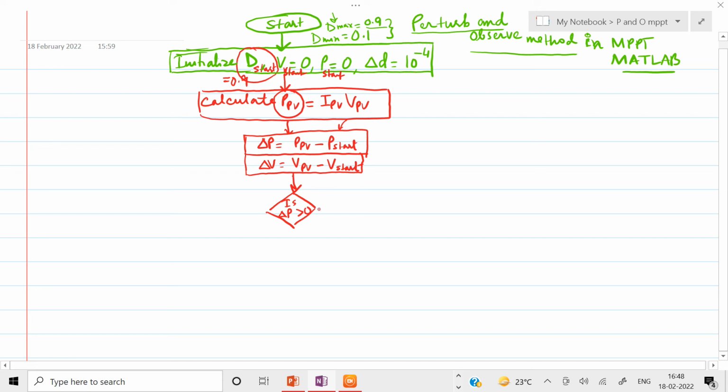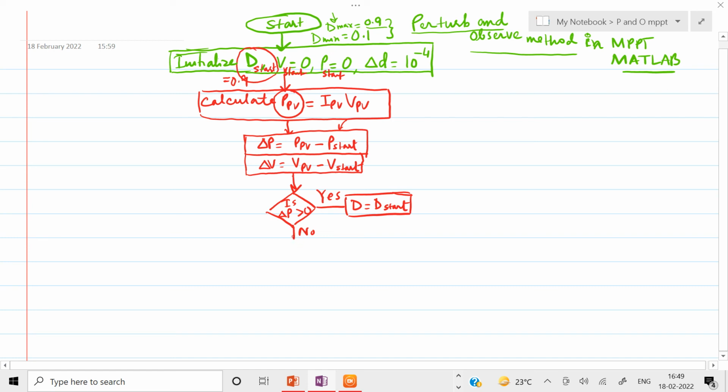So there are two answers, either yes or no. So if yes, then well and good. So then the duty ratio D start would be actually the point where maximum power is available, isn't it?